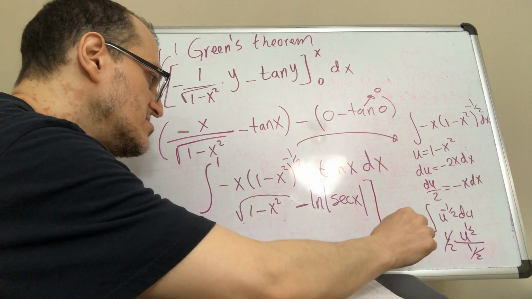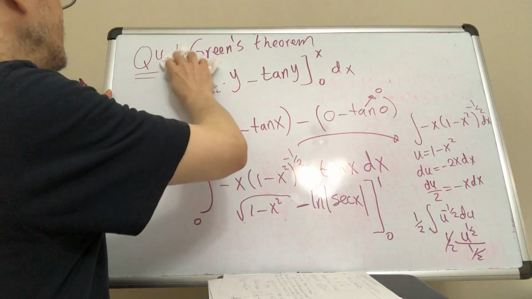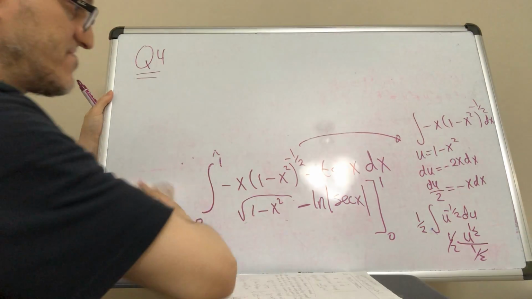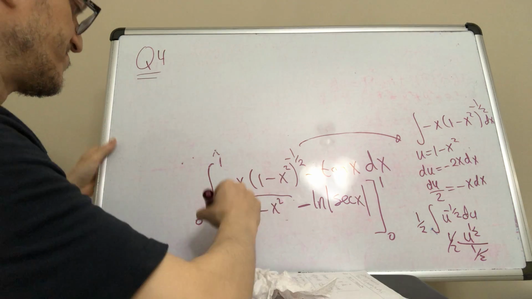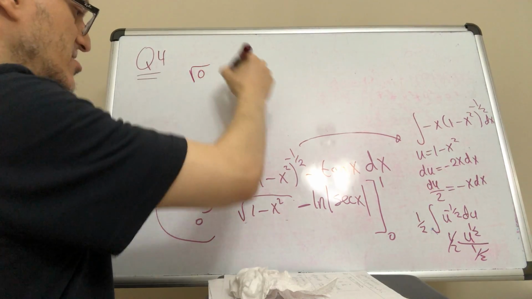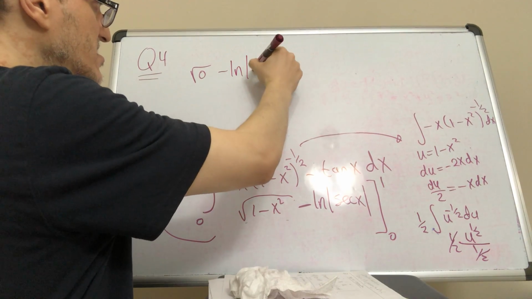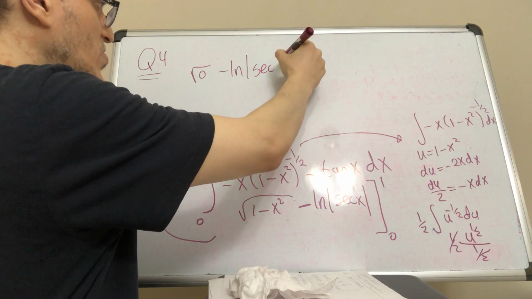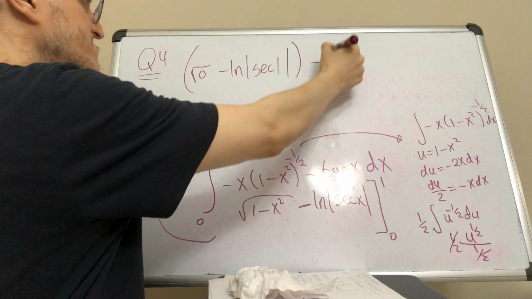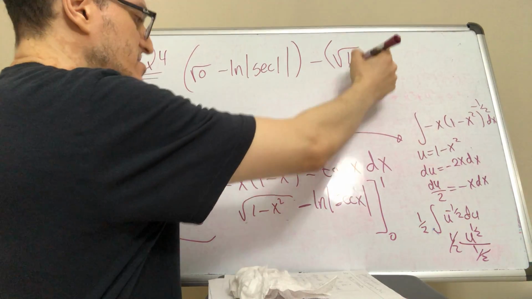So you need 0 and 1. You plug 1, that gives you root 0. You plug 1, it would be ln of secant 1. You plug 0, that's root 1.